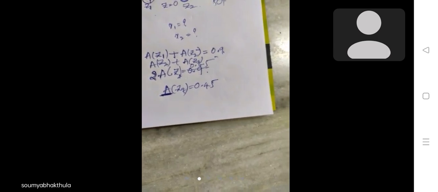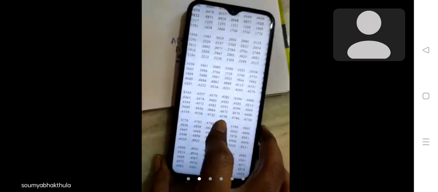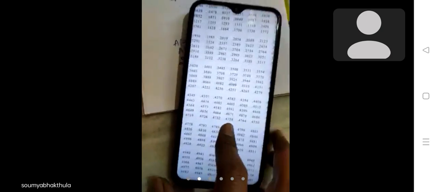Same procedure: you have to look at the table and tell me what the z2 value is. Where is 0.45? Look at the table. Tell me where is 0.45? 1.65, ma'am.